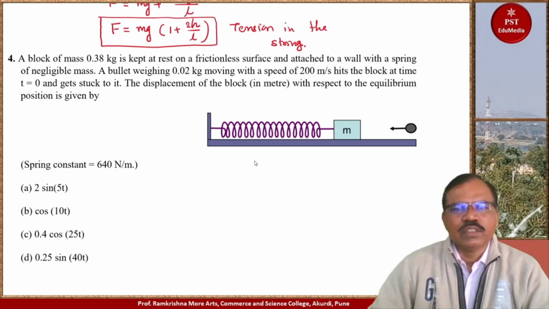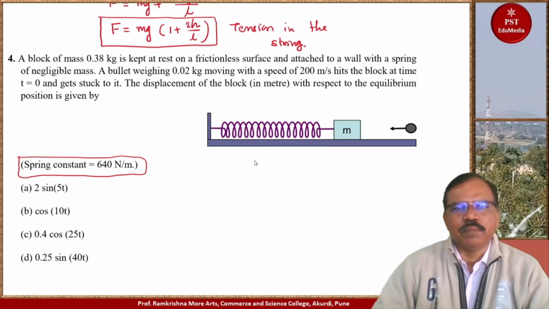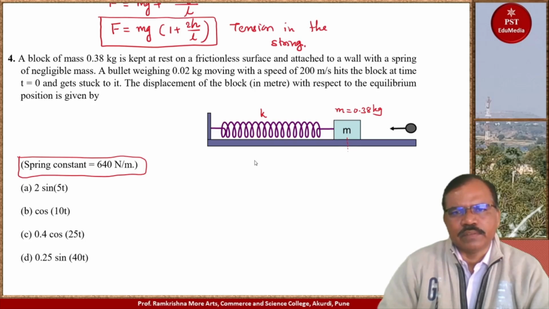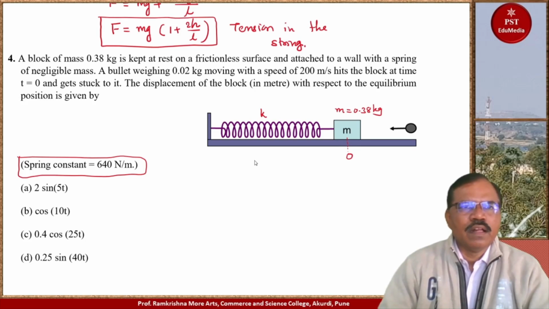So what is given? Here the spring constant is given, that is 640 Newton per meter. So K is given. Now see here, this is the block of mass, let us take this as M, that is 0.38 kg, and it is at rest. So I will take this as the equilibrium position. The spring has negligible mass.